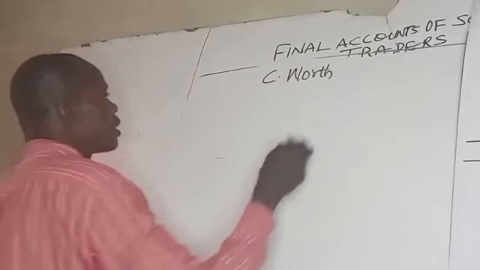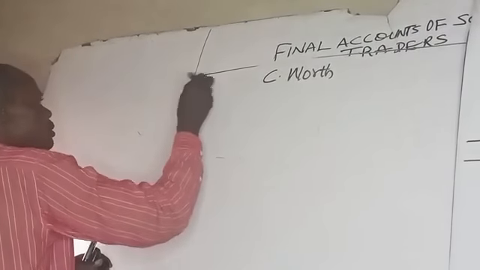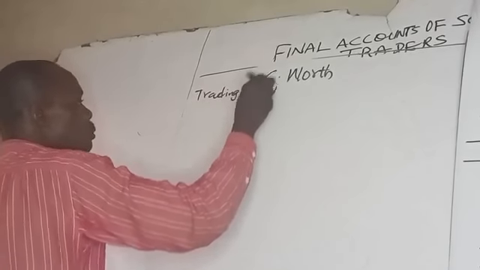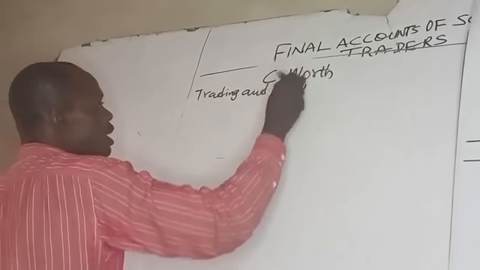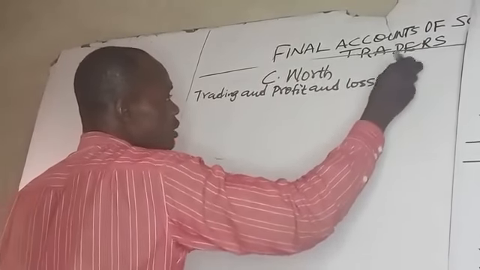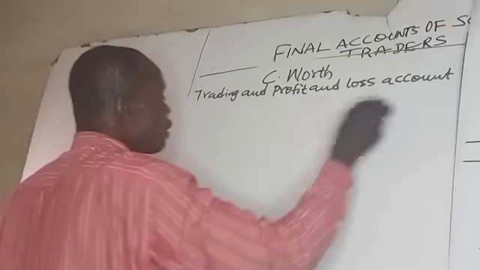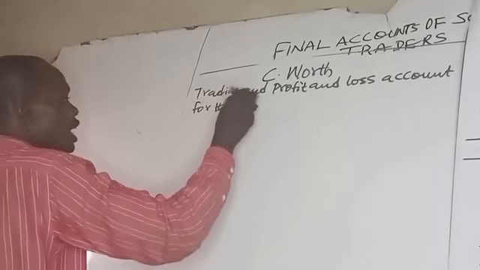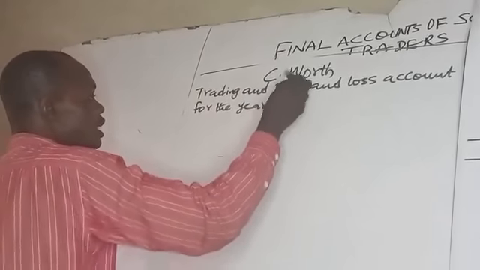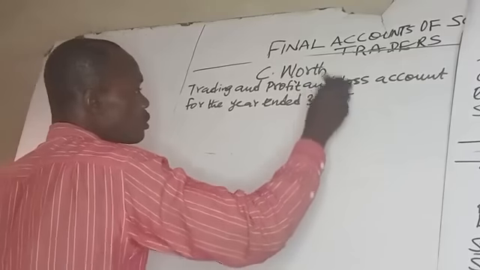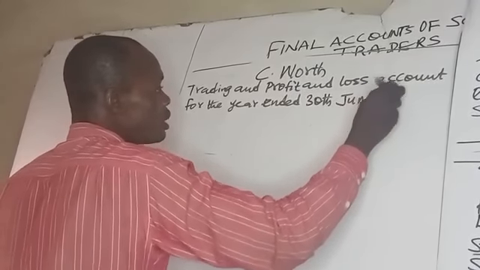C Worth Trading and Profit and Loss Account for the year ended 30th of June 2024.